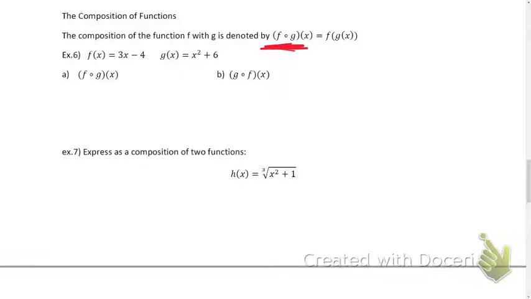F composite G. If you ever see that, it means put the function G in place of f where any x is. So on number 6a, when you read f composite G, you want to take all of this and put it in place of any x in the f function, so right there.